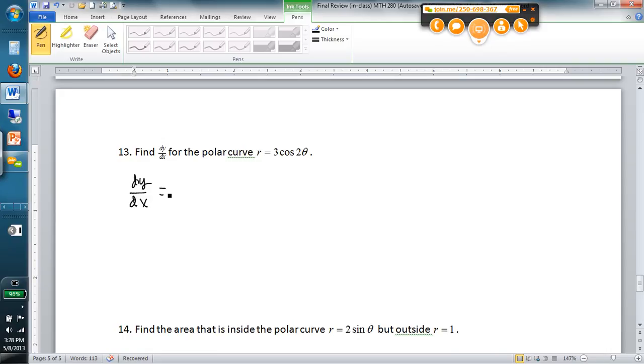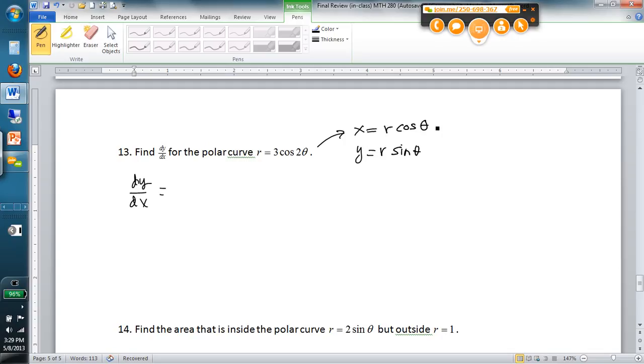Well, for a polar curve, we're going to do it just like we did the parametric. Can I write this in a parametric mode? What is x in polar? If I wanted to convert from polar coordinates to rectangular coordinates, x equals r cosine theta, and y equals r sine theta.